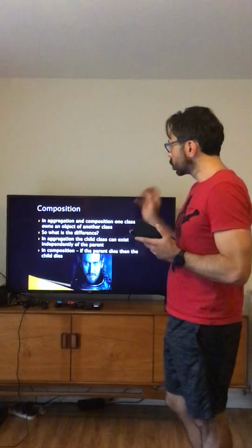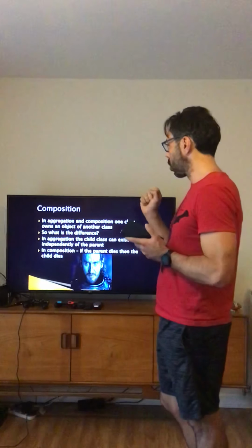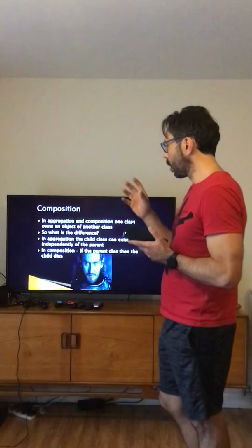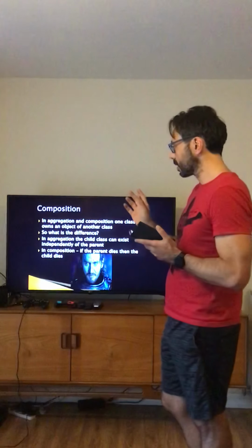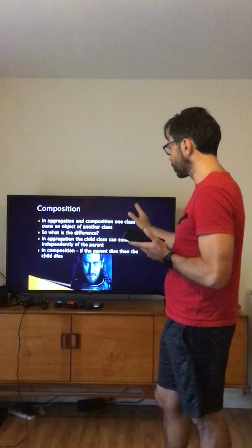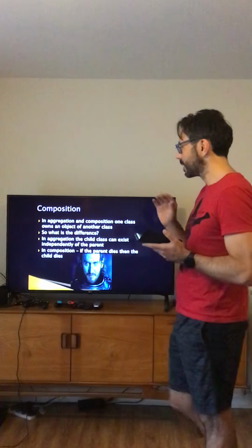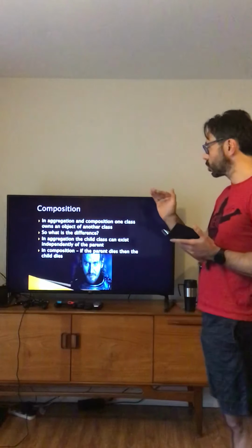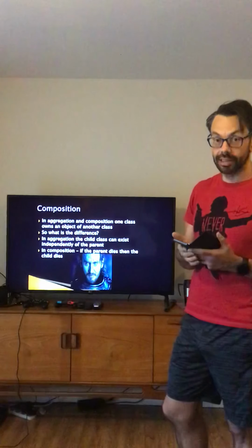Okay. Composition, so you get aggregation, you get composition, where one class owns an object from another class. So what is the difference? Okay, so in aggregation, the child class can exist independently of the parent, and in composition, if the parent dies, then the child in fact dies.